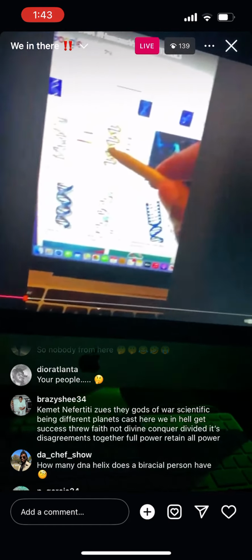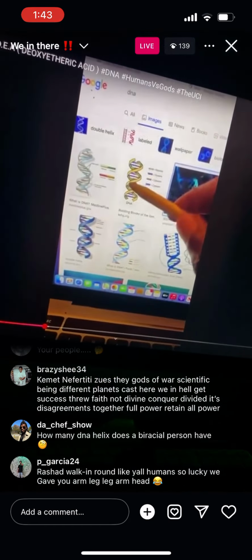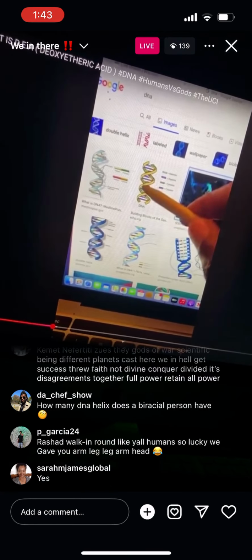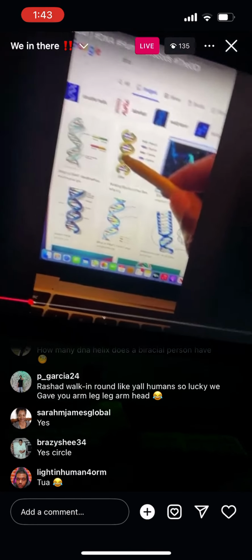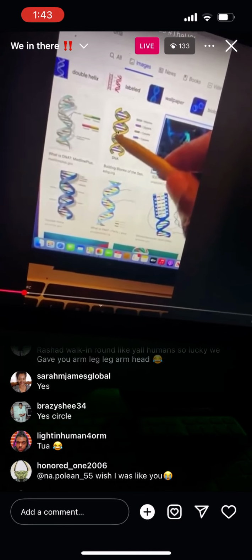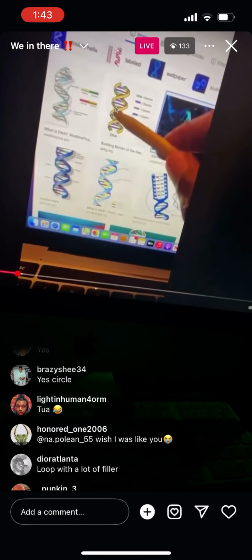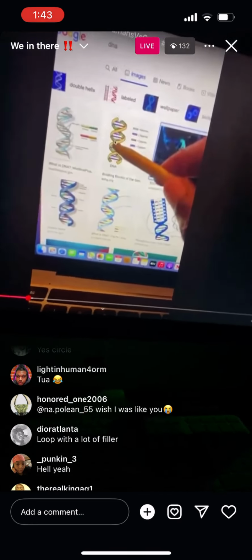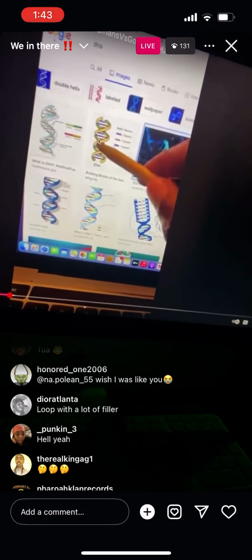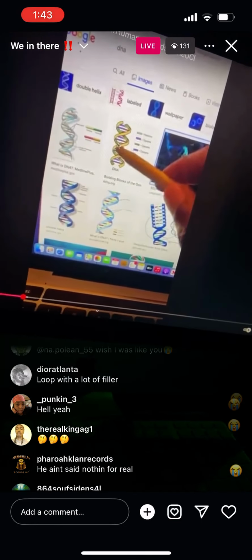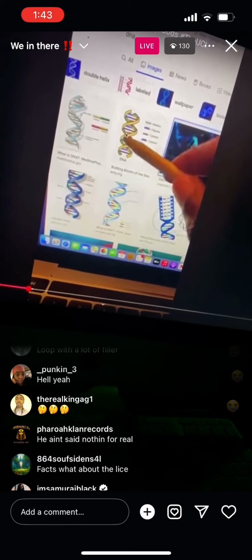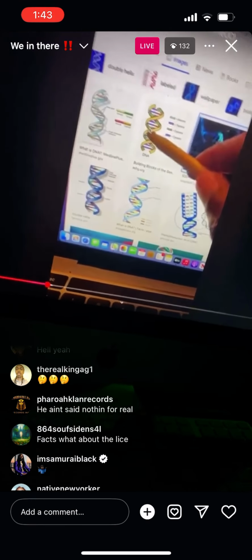What's DNA? What is DNA? He finna go back to pointing at this shit he don't understand. If I ask about nucleotides, you don't understand this shit. You don't understand the adenine, thymine, guanine. He don't understand cytosine.